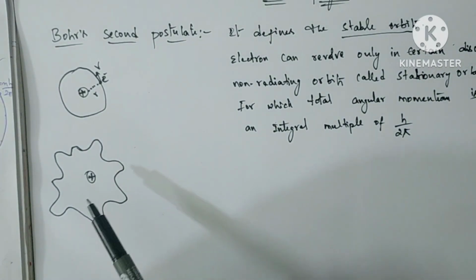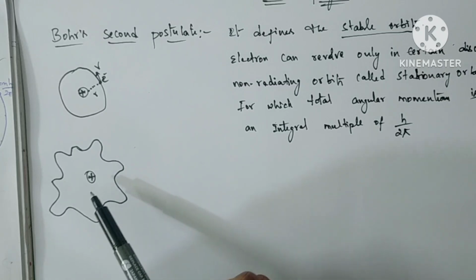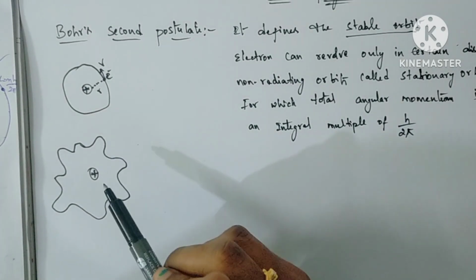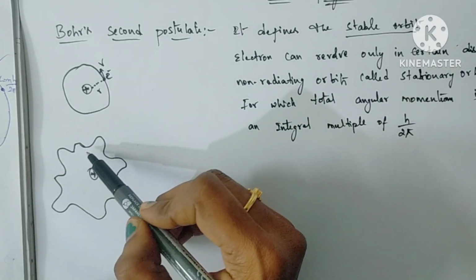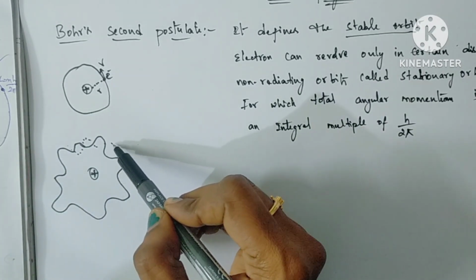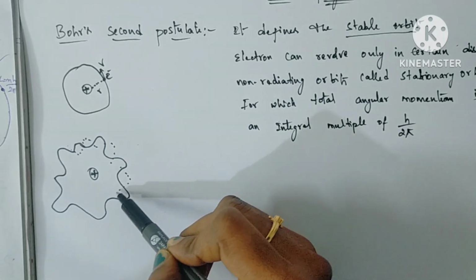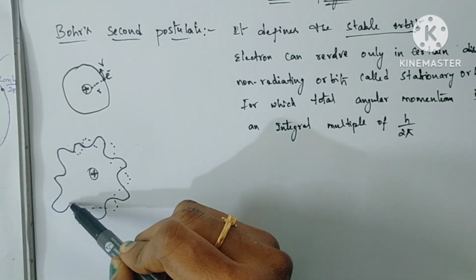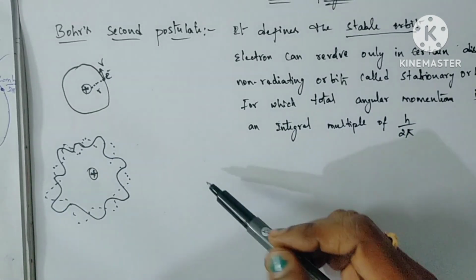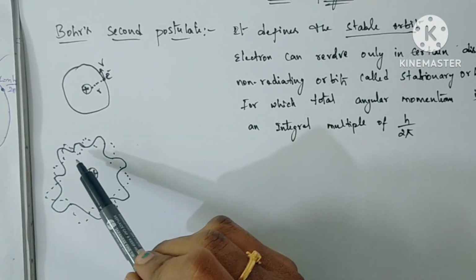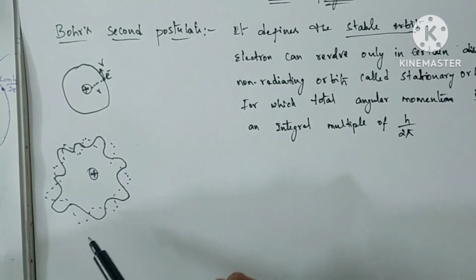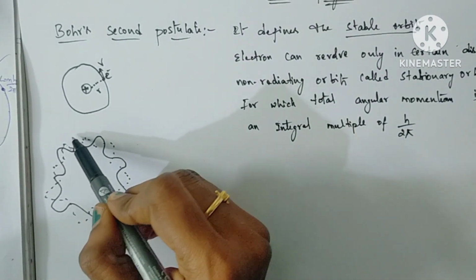In the waveform it is rotating around the nucleus. Here we have so many crests. This is one orbit and this is another one. The distance of one half circle, that means one crest and one trough, is one wavelength. Here we have so many wavelengths.